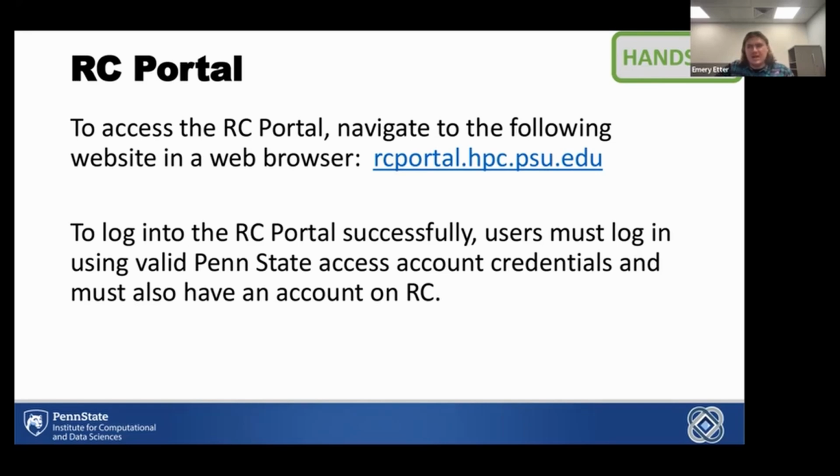Now, if you have an RC account, you'll be able to get in. If not, it'll probably tell you no user found. If that's the case, you'll just follow along as I do things on the screen today. But everyone go ahead and try to access the portal.